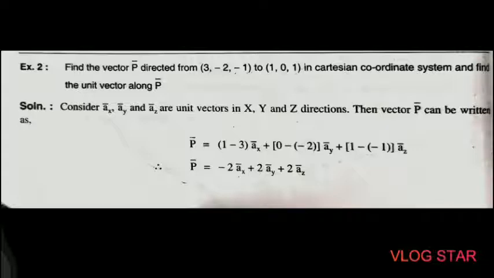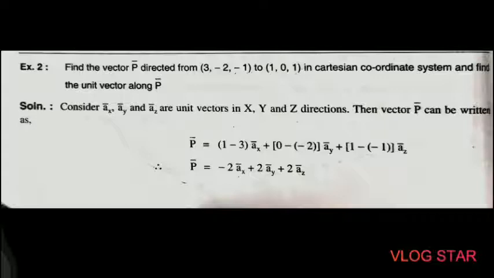Okay, so in this question there are 2 points. The first point has coordinates (3, -2, -1), and the second point is (1, 0, 1). Here the vector p bar is represented. First of all we must know the starting point and the ending point. Here the vector p bar is directed from (3, -2, -1) towards the point (1, 0, 1).